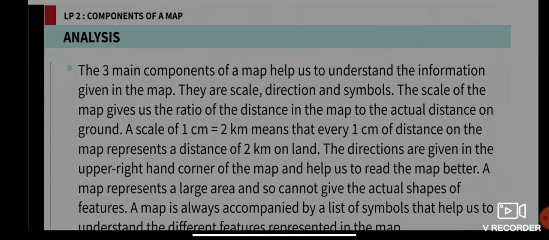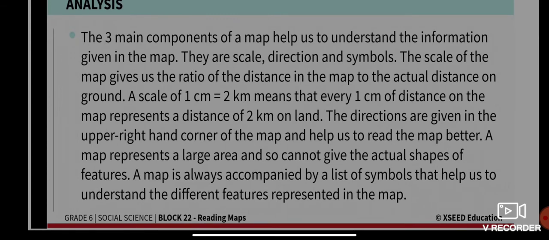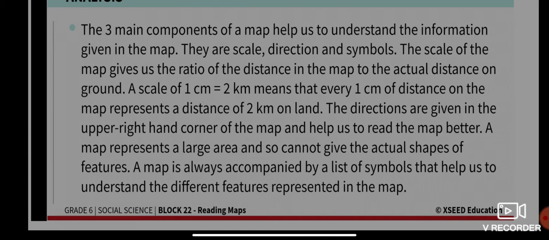The three main components of a map help us to understand the information given in the map. They are the scale, the direction, and the symbols.